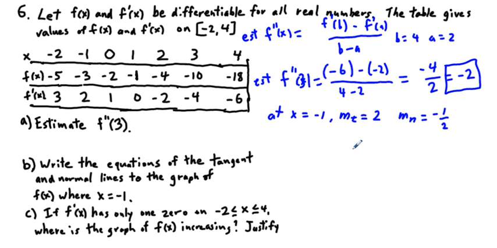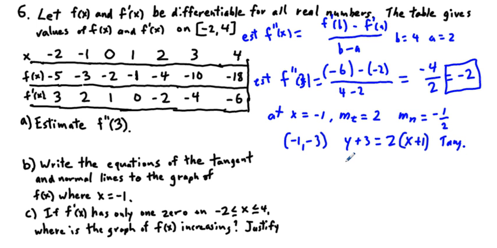So negative 1/2 is the slope of the normal line, 2 is the slope of the tangent line, and we need the point where x equals negative 1. So our point is (-1, -3). Plug that in. The tangent line equation is y minus negative 3, so y plus 3 equals 2 times x minus negative 1, which is x plus 1. So that's going to be our tangent.